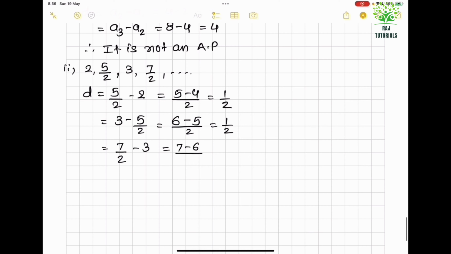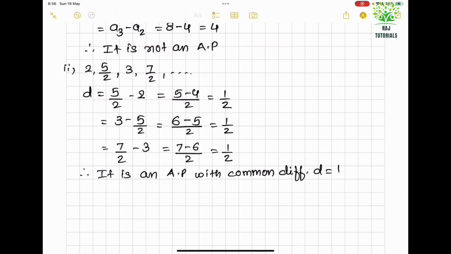So 7 minus 6 by 2. 1 by 2. Therefore it is an AP with common difference D equal to half.